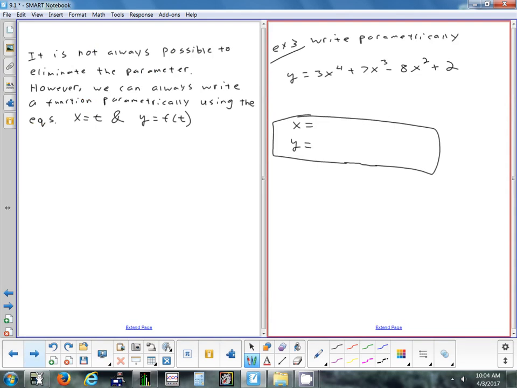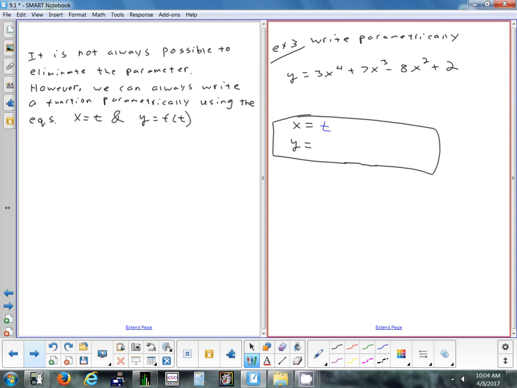So if I did that on this problem, what would I let x equal? Would you let it equal t? Yeah, just let x equal t. And then what would my y equation become?